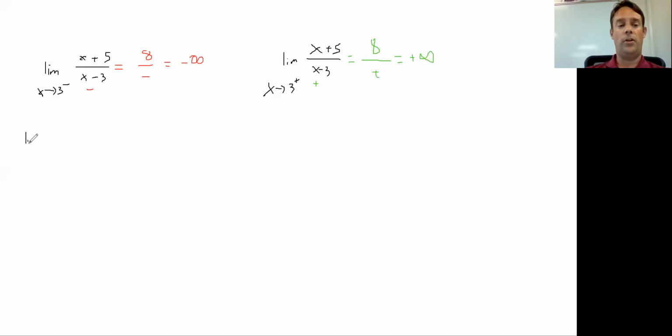Even though it goes to infinity, we will always show that it goes to negative or positive infinity. So we would come back and say that the limit does not exist.